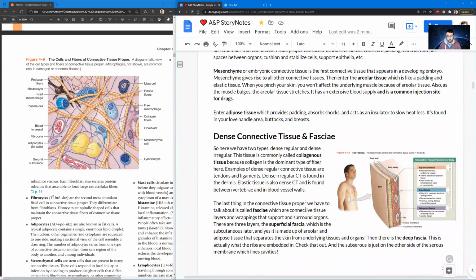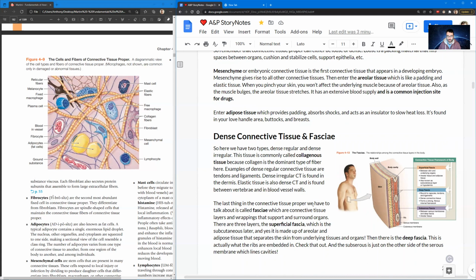All right. Now we'll talk about the dense connective tissue and the fascia. So we have dense regular and dense irregular. This tissue is also commonly called collagenous tissue because collagen is the dominant type of fiber here. Examples of dense regular connective tissue are tendons and ligaments, and those are also found in the dermis.